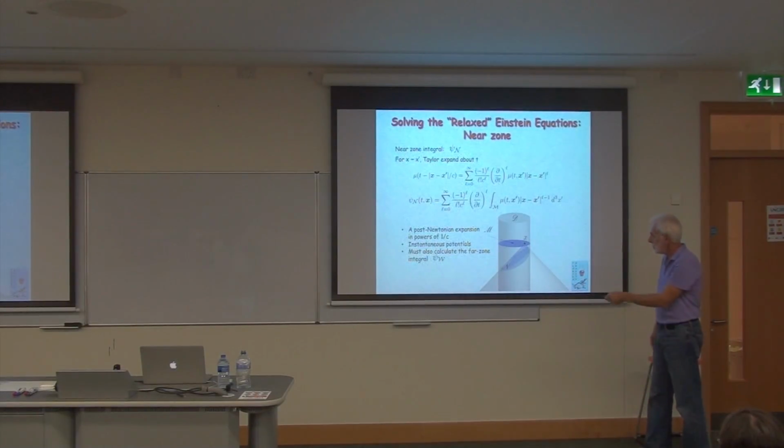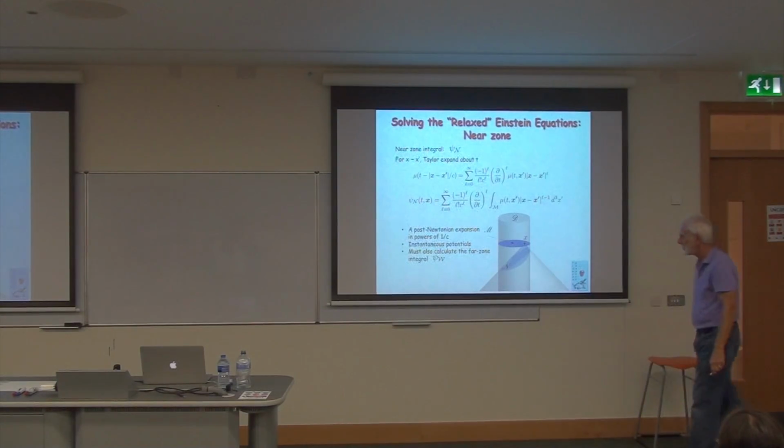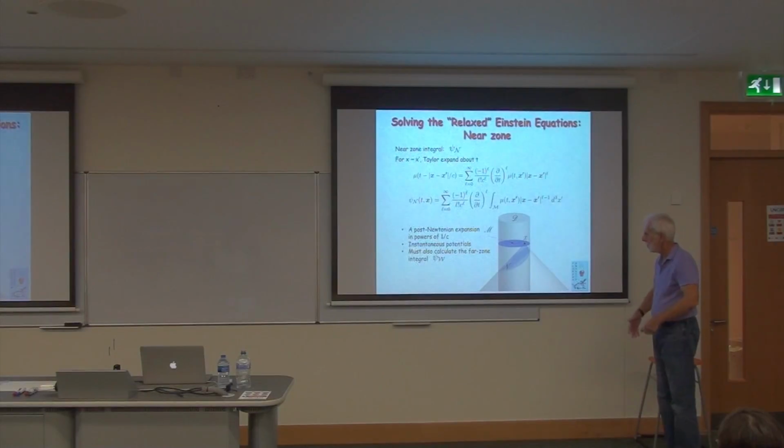And again, these terms contribute, but it turns out within the near zone, for field points in the near zone, these contribute at very high Post-Newtonian order, and almost never produce relevant effects.